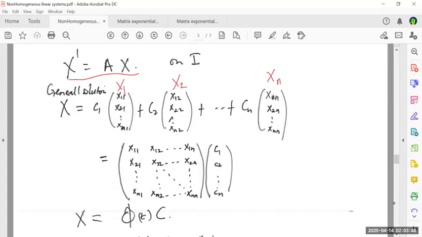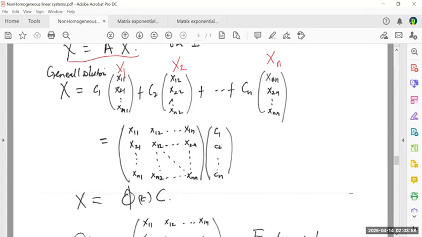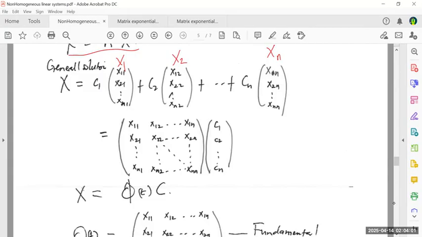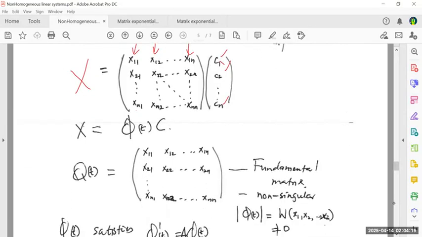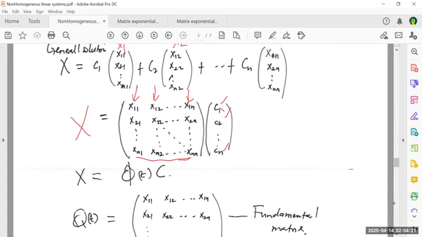Now if you deliberately re-index the terms in x1 and x2 and xn, you can actually find that the general solution can be a system of the vectors multiplied by the unknown constants. So this matrix, of solution vectors, not eigenvectors, of solution vectors, is the combination of the eigenvector multiplied by the e to the power of lambda.